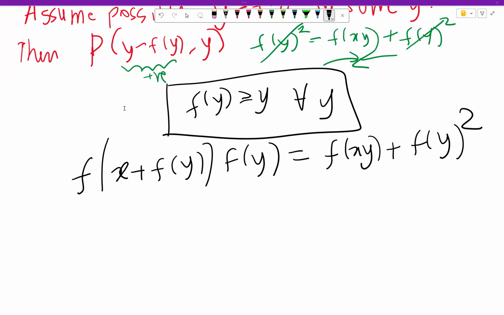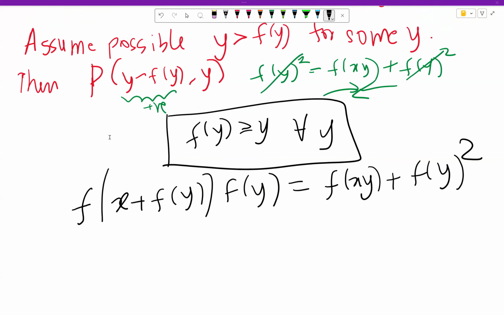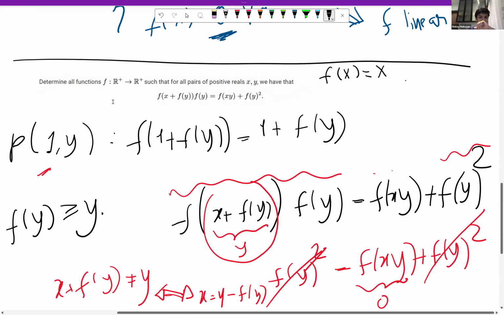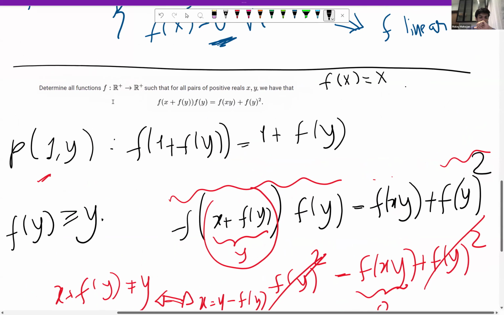Using f of y is greater than or equal to y, we can substitute that in the 1 plus f of y equation. So we get 1 plus f of y is greater than or equal to f of 1 plus y. You will get this is at least 1 plus fy.